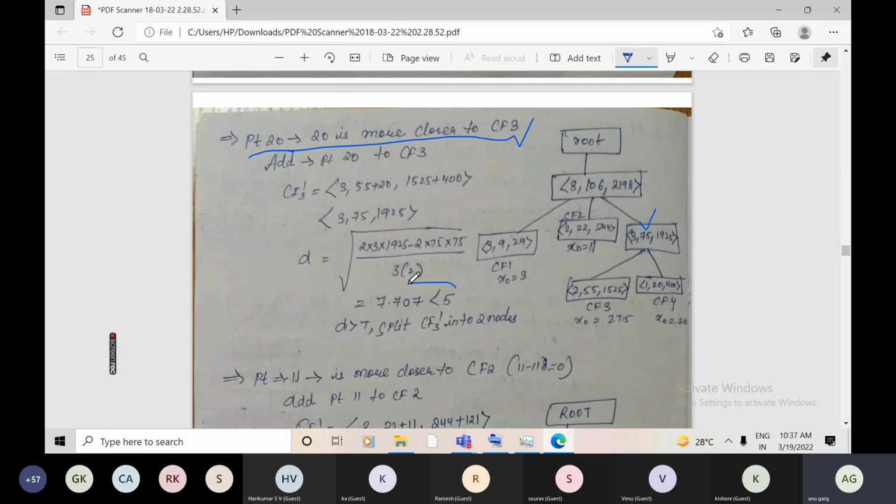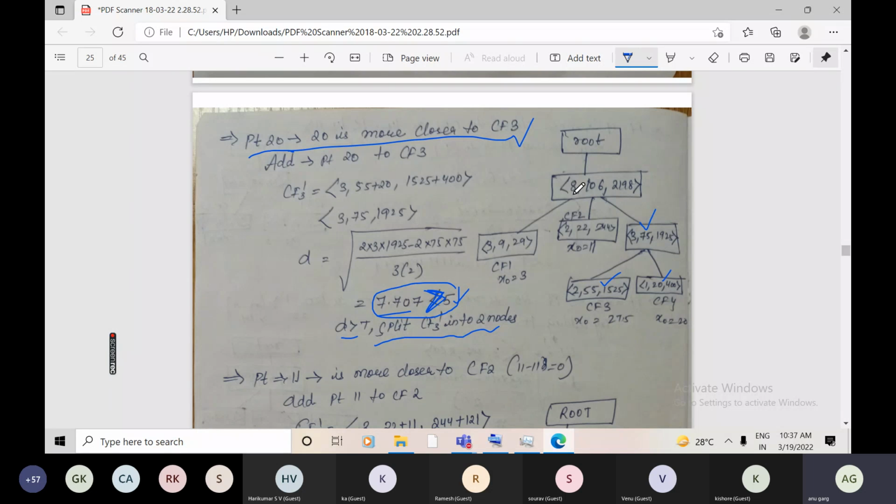And now your D value is less than 5. Sorry, it is greater than. Please make a correction, I wrote it wrong here. It should be greater than. So 7.707 is greater than. Whenever it is greater than, you have to split. You have to split your CF3 into 2 different nodes. One will be with the 20 and then the leftover value.